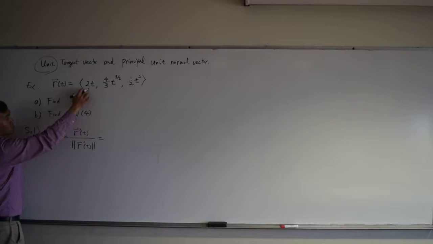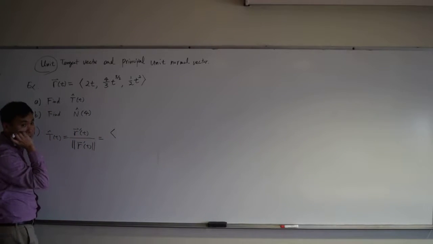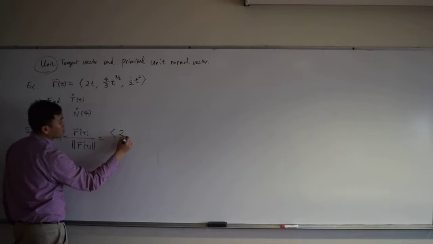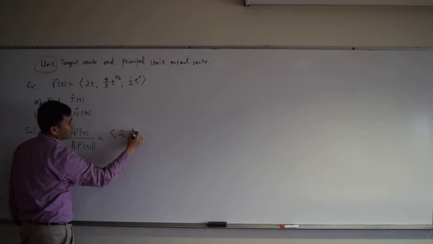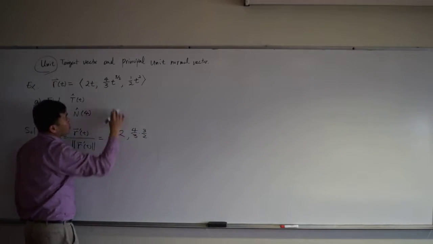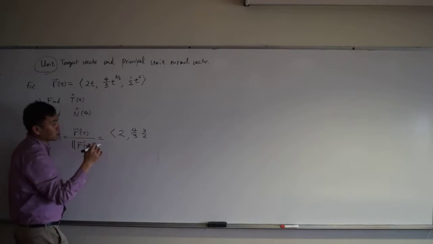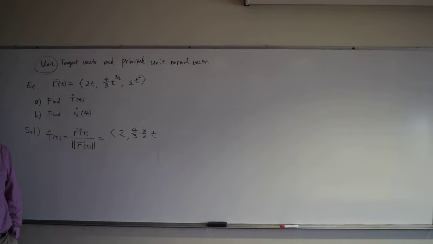All right, so let's try to calculate this. This simply means you have to differentiate. So if you differentiate 2t, you get 2. Differentiating this, 3/2 comes down in front. And you have to subtract 1 off of 3/2. What's 3/2 minus 1? 1/2.